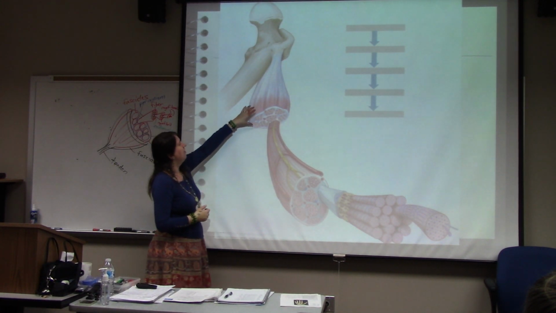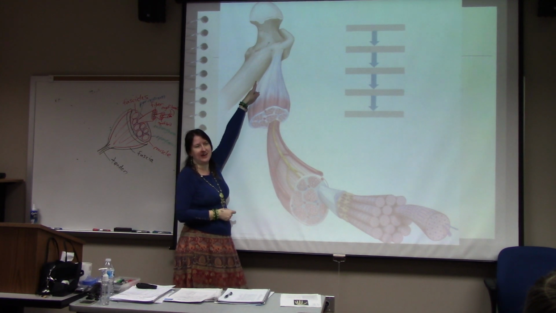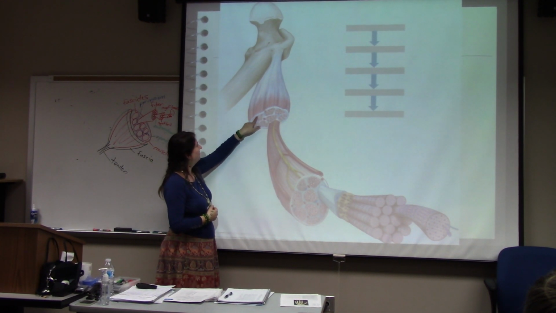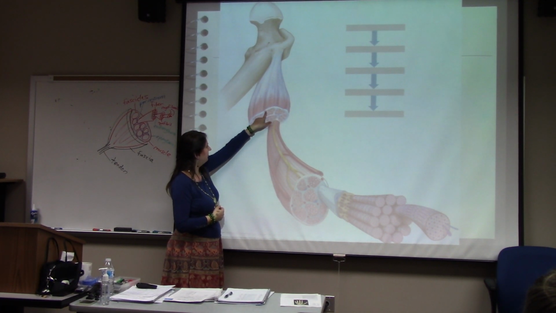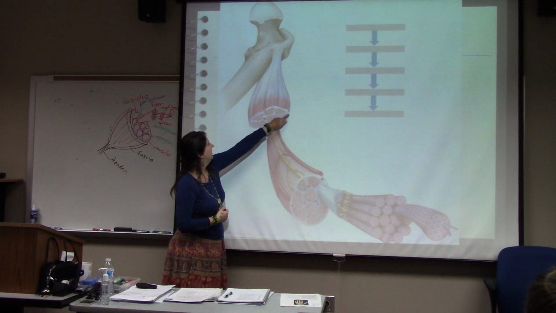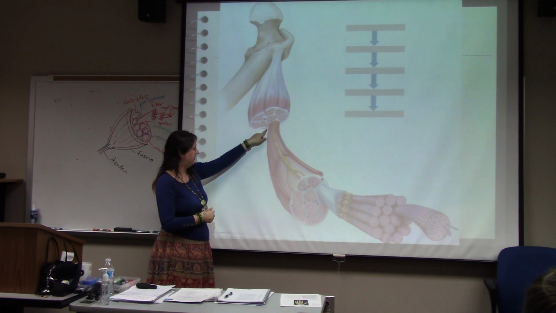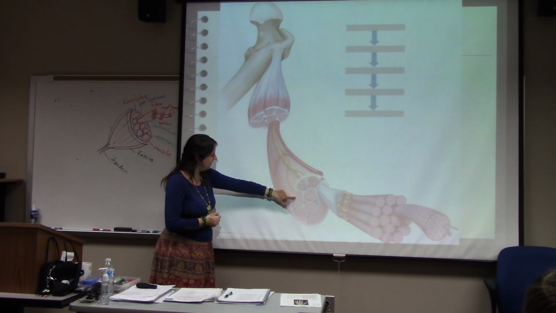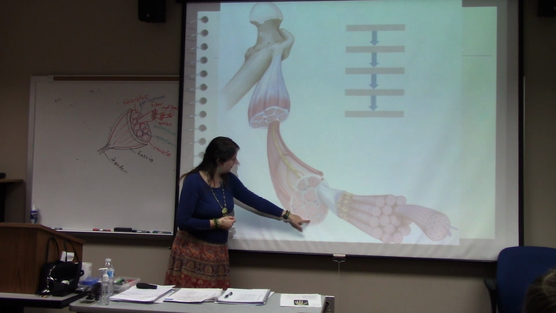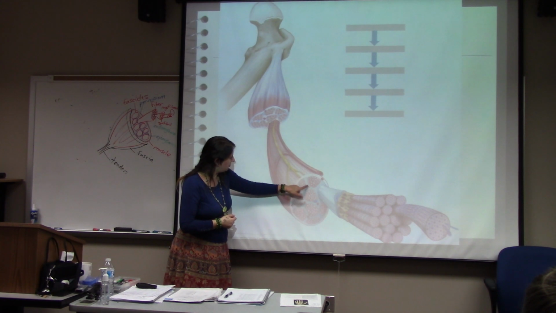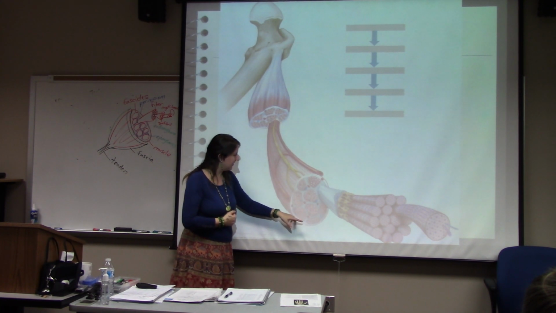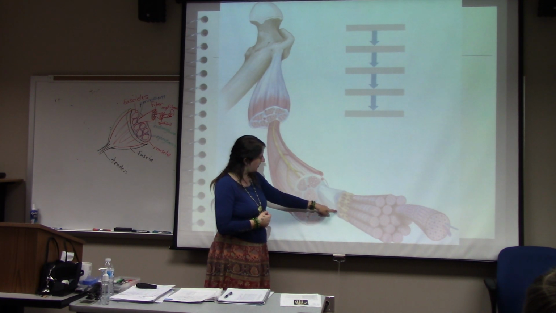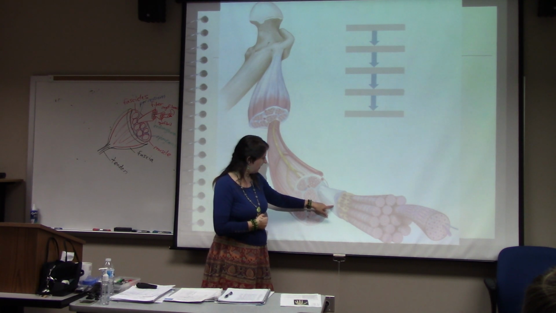So we've got the whole muscle with a tendon attaching it to the bone, fascicles within it, surrounded by perimysium, epimysium around the whole muscle. Here's one fascicle, so each of these is a fiber with endomysium around them. And then here, this gray is the cell membrane.